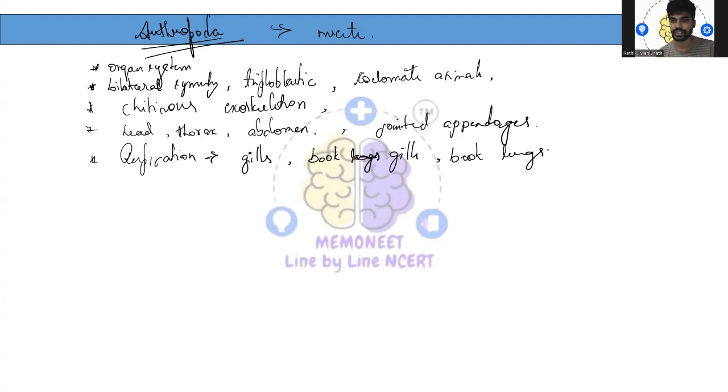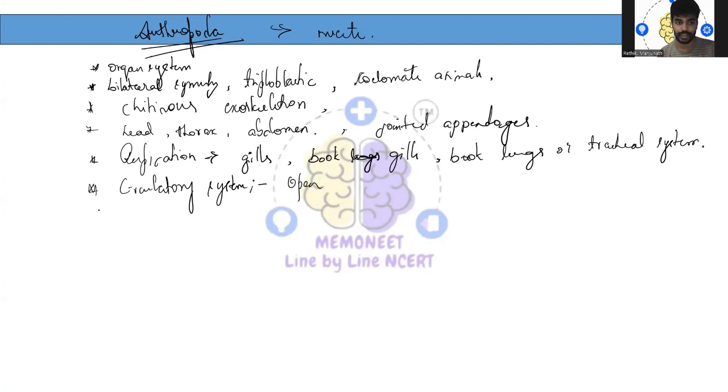Coming to its circulatory system, is it open type or closed type? You will see an open type of circulatory system.